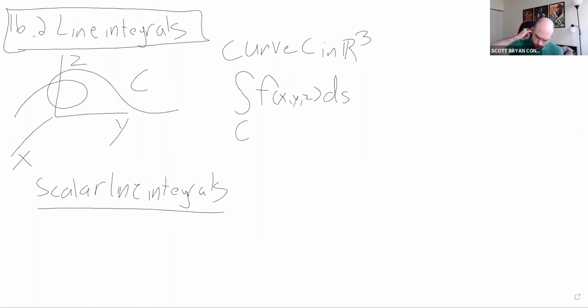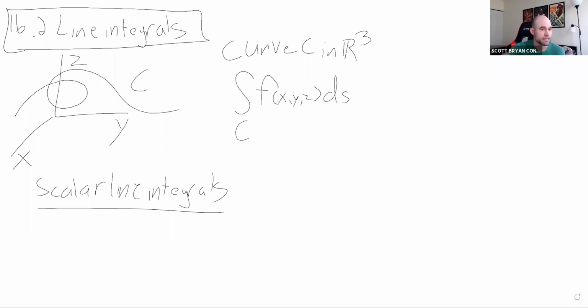If we want to find the total mass, the way we did it before is, if we have a thin flat plate, for instance, in R2, we would integrate the density over the plate, and that would be the total mass. The same thing works here.